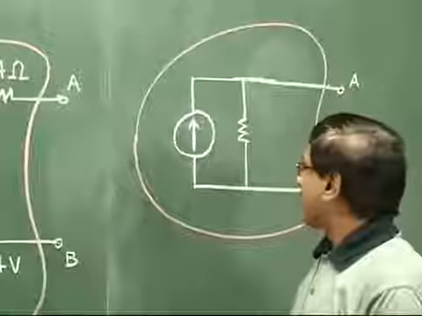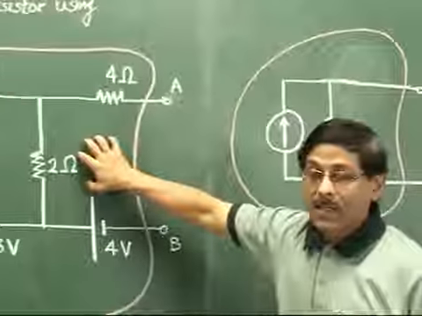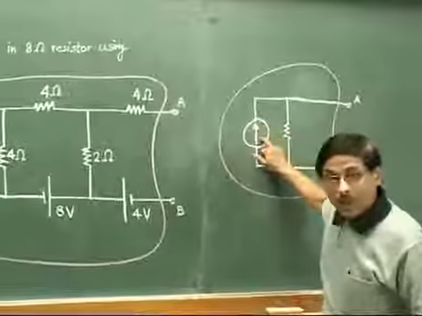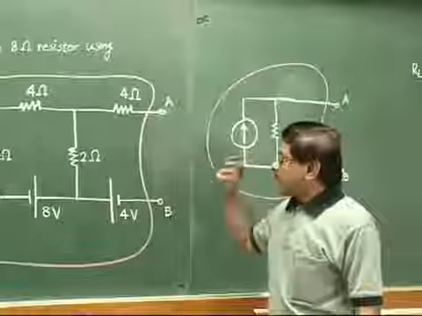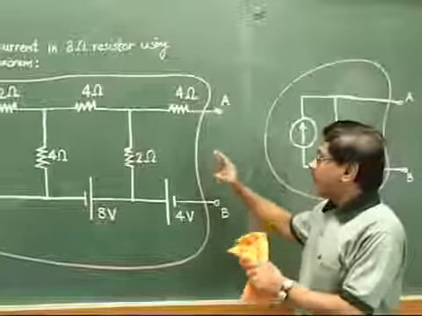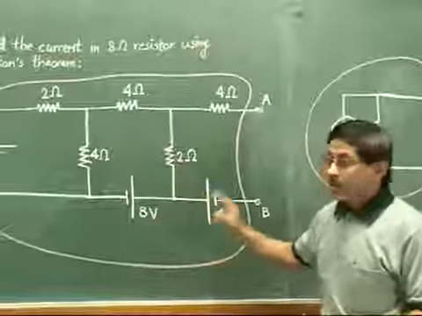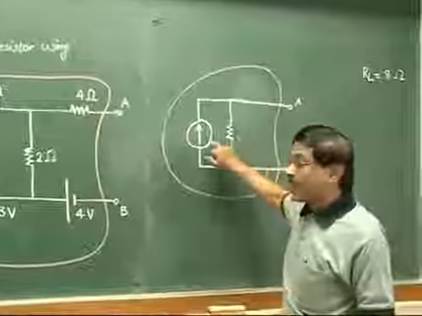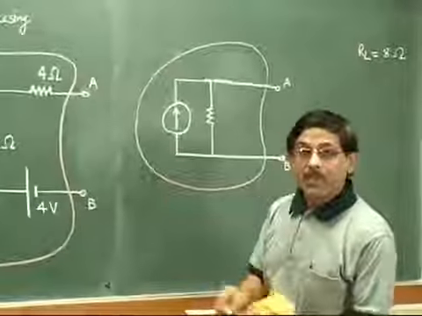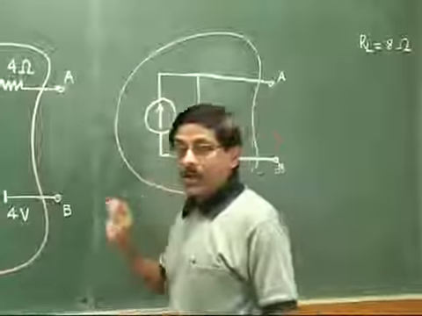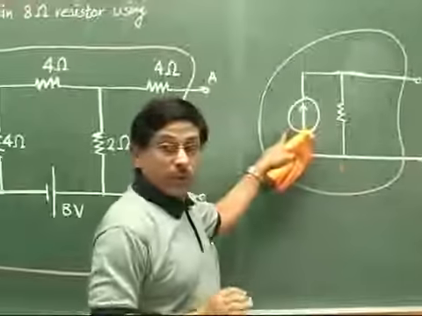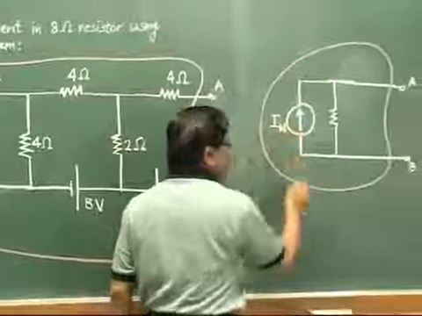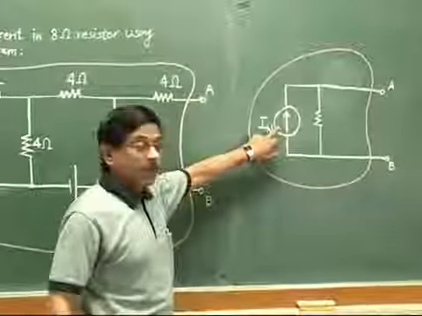Norton suggested that we have to convert this entire circuit into a single equivalent current source, to be shown like this. And we have to represent the entire passive network in terms of some resistance, which is to be shown parallel to the current source. Let us give some names to these two values. Whatever current we calculate and show here, we say that it is IN. Now remember, in Thevenin's theorem there was VTH.